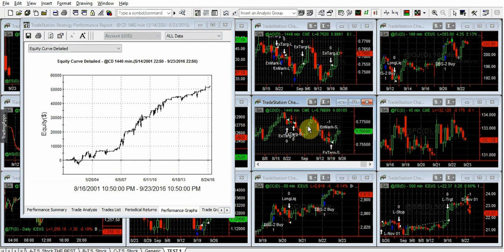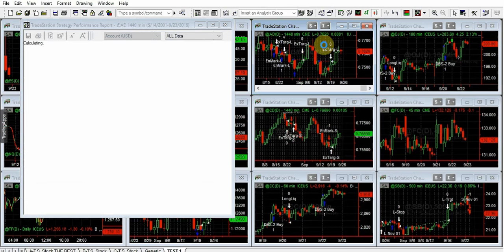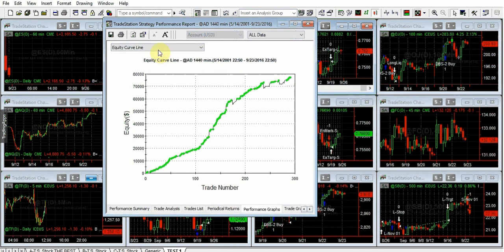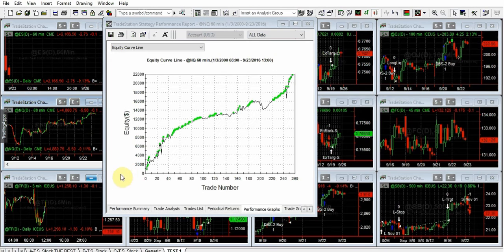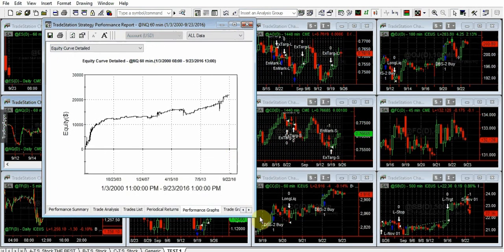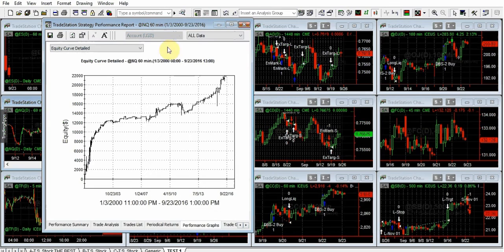In this case, the time frame is daily. Australian dollar, again daily. We always like to show the day-by-day equity line, because you never know what's going on with single closed-trade equity lines.